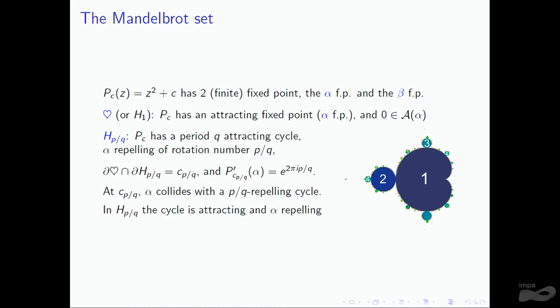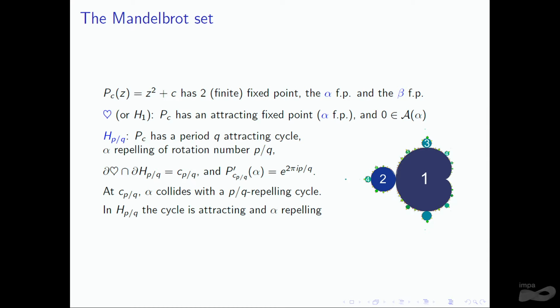As I said, we are interested in the quadratic polynomial ζ² + c, and each quadratic polynomial has two finite fixed points. Infinity is fixed, attracting, and then you have two finite points. We call one alpha and the other one beta.